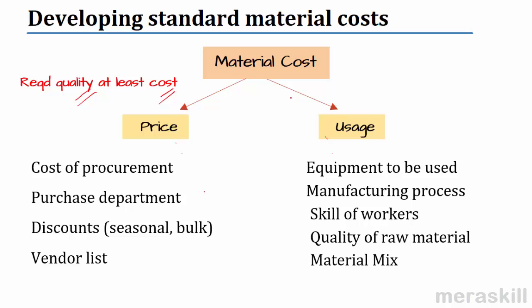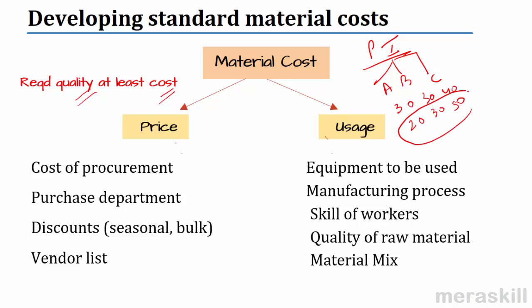It may also depend upon the material mix, which is so true. Sometimes when we make a product, maybe product one is made up of material A, B and C, where the standard which is being proposed is 30, 30 and 40. But when we use it, that's not how we have used it. Maybe it's quite possible that we have used 20, 30 and 50.